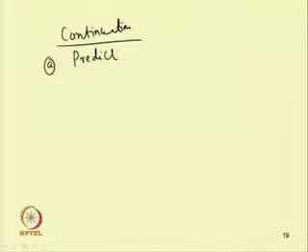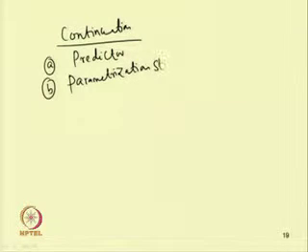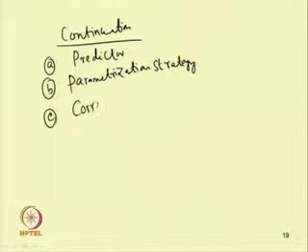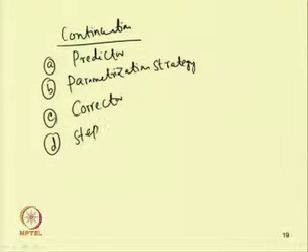So the continuation procedure we are going to use will have a predictor phase, then a parameterization strategy, how we will parameterize, then a corrector, and finally we should find the step length, that is, step length control.